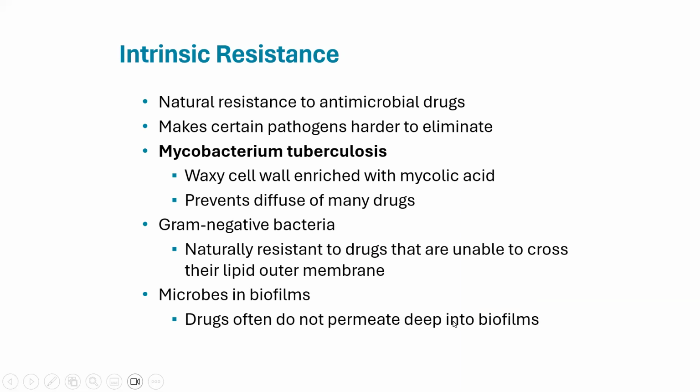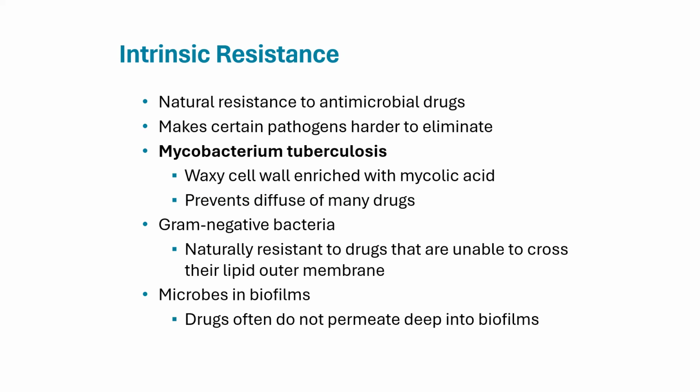Again, our intrinsic resistances are natural resistance to those drugs. This can make certain organisms hard to eliminate. One example is that waxy mycolic acid layer that we talked about that TB has, and that helps prevent many drugs from entering into the cell.